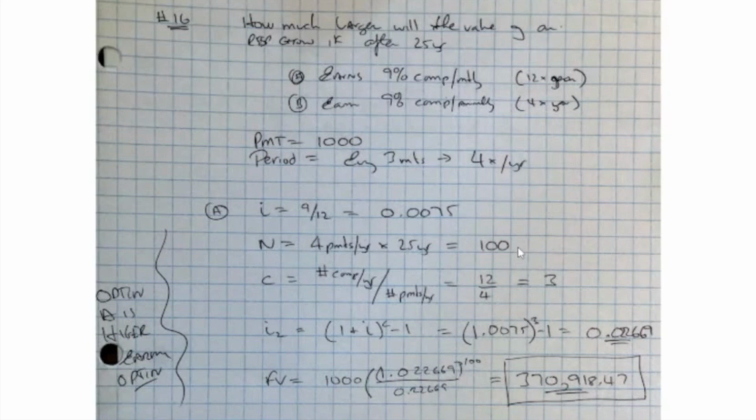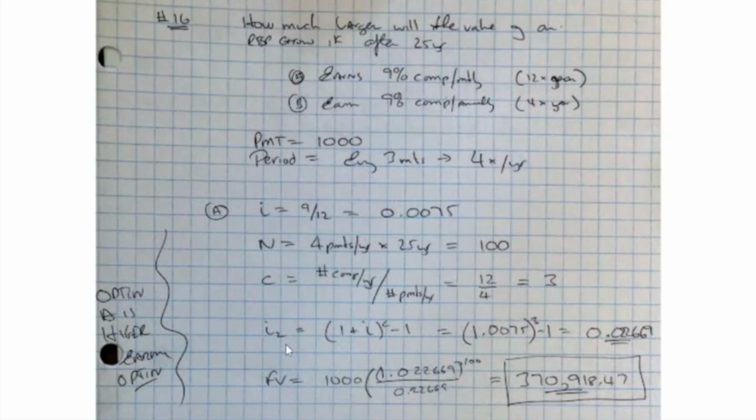In order to calculate the value of C, C is the number of compounds per year divided by the number of payments per year. The number of compounds per year in this case is monthly compounded, so that's 12. The number of payments per year, every 3 months, is 4, so the value of C is 3. Then we can use the value of C to calculate the value of I2.